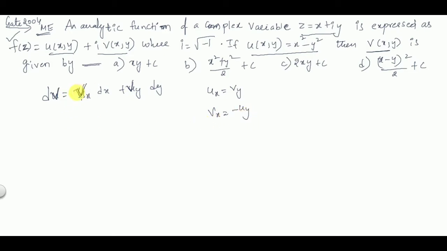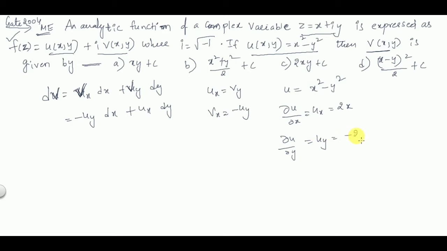So in the place of vx, you can substitute minus uy dx, plus vy can be substituted with ux dy. Now u is given as x square minus y square. So dou u by dou x, which is ux, is 2x. Dou u by dou y, which is uy, is minus 2y. So these are the values which you have got.